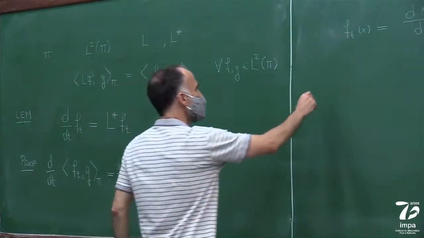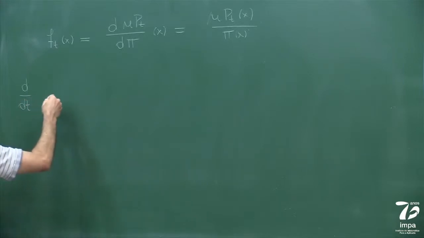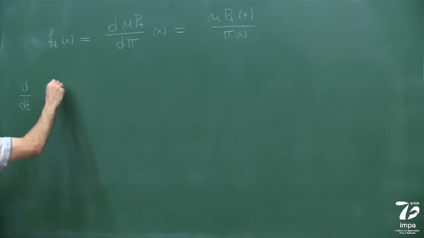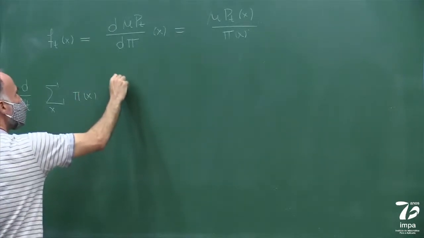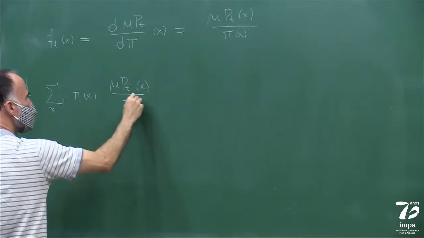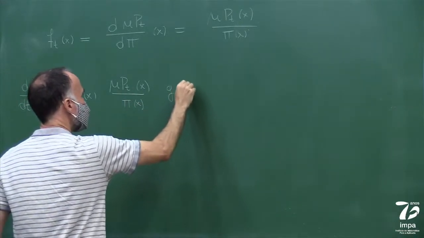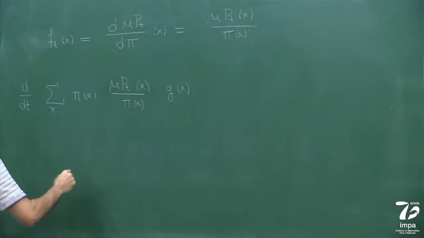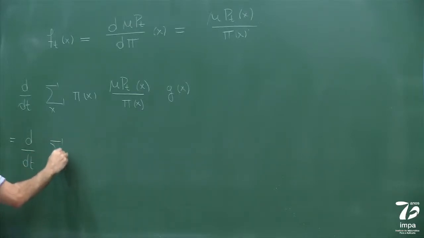So this is the time derivative of the sum of pi x times mu PT of x divided by pi of x, and g of x. That's fine, but this is equal to d/dt of the sum over x.